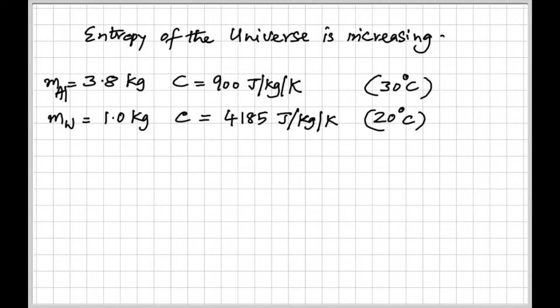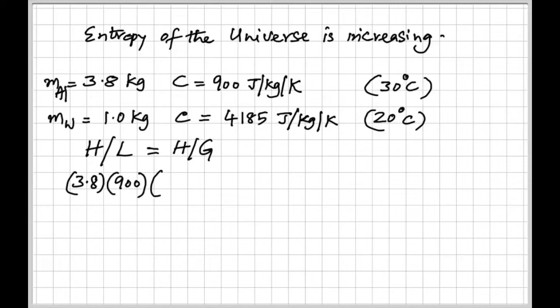Okay, so it's a two-part problem. What is the formula for heat lost or heat gained in this case? M c delta T. So heat is going to be lost by the aluminum, so it's going to be 3.8 times 900 times the change in temperature of aluminum.